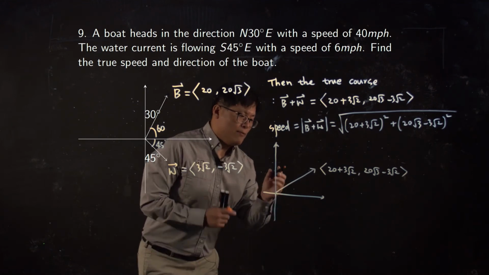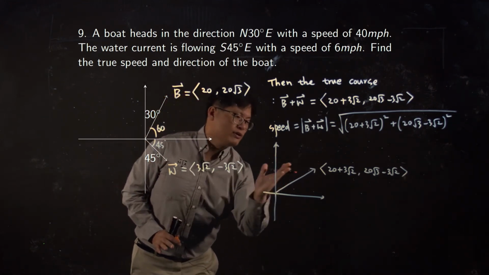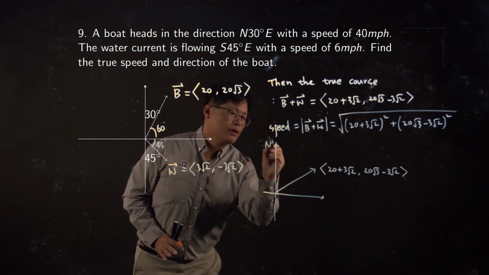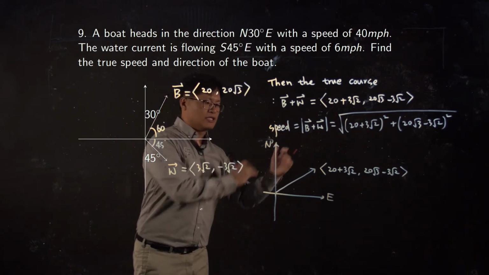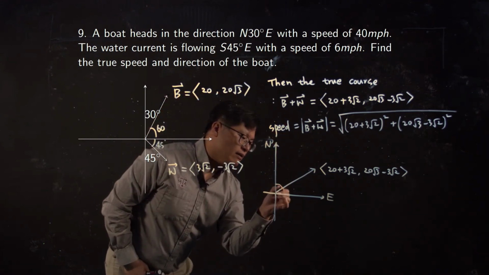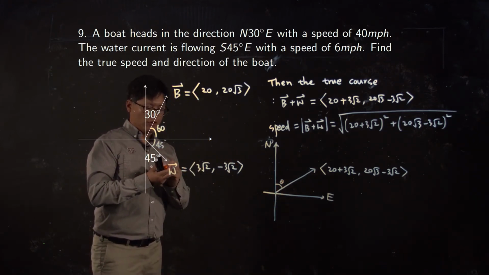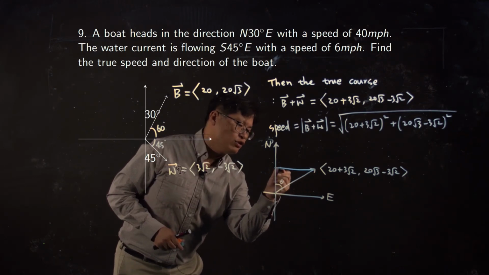As I told you, your answer must be north, since it's pointing this way, north and east, right? Your answer must be north, angle, east, which means you have to find this angle. How can you find this one? It is simple trigonometry. Let's make a right triangle here.